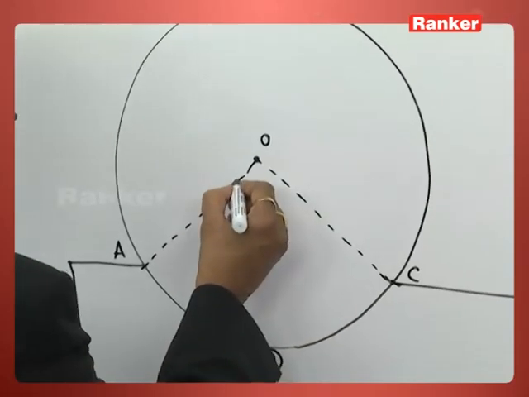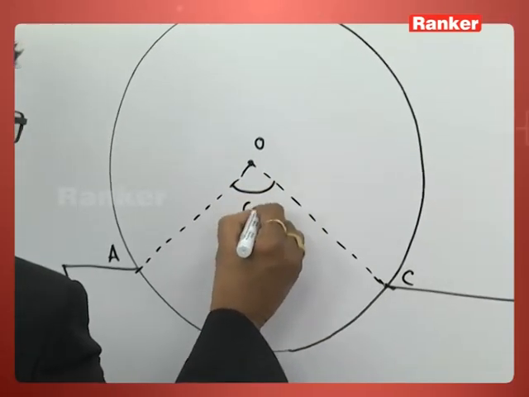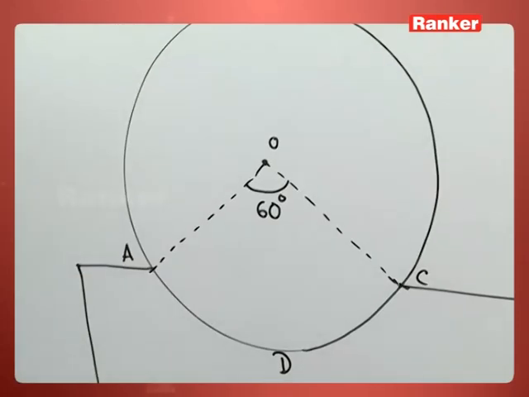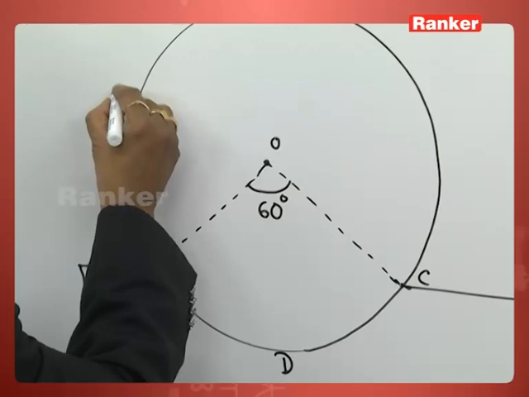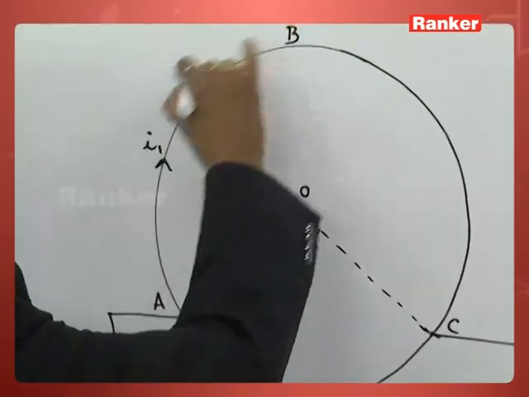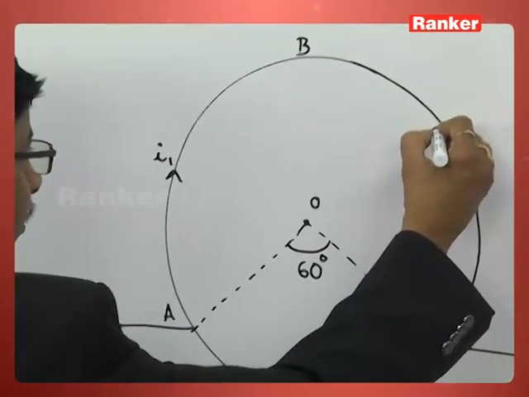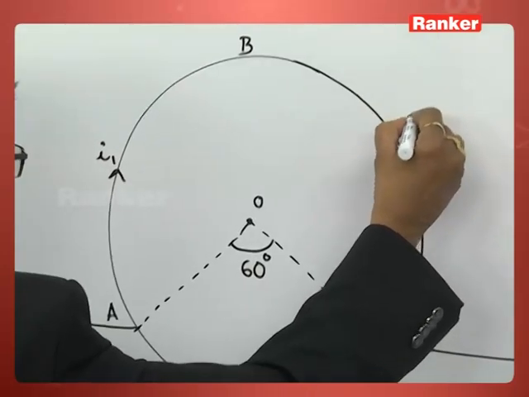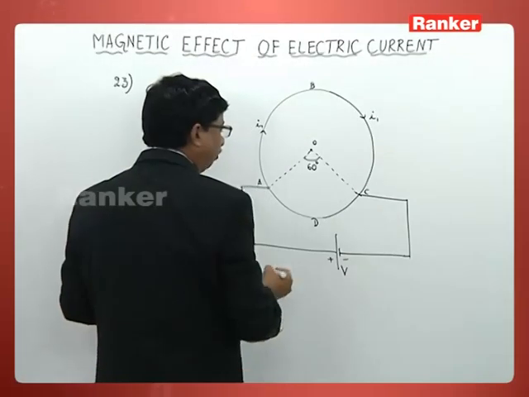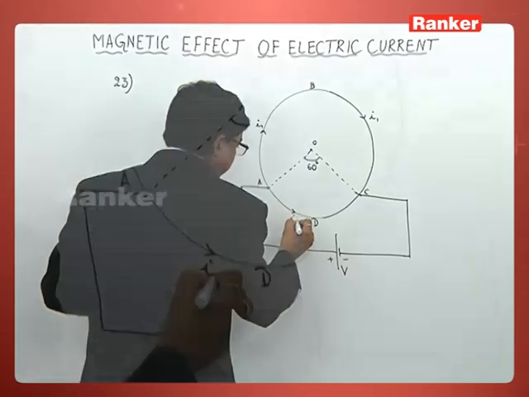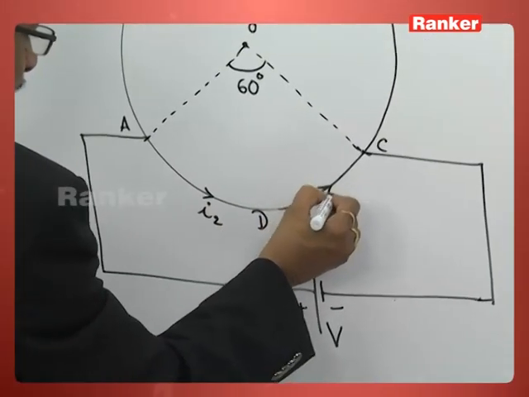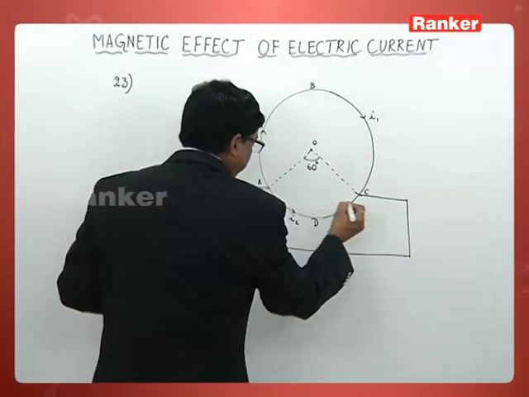He gave this angle as 60 degrees. And he has given one more point here, that is the current that is passing through the upper portion of this circular conductor, that has been given as I1, and the lower part of this circular conductor, the current whatever is passing is I2.